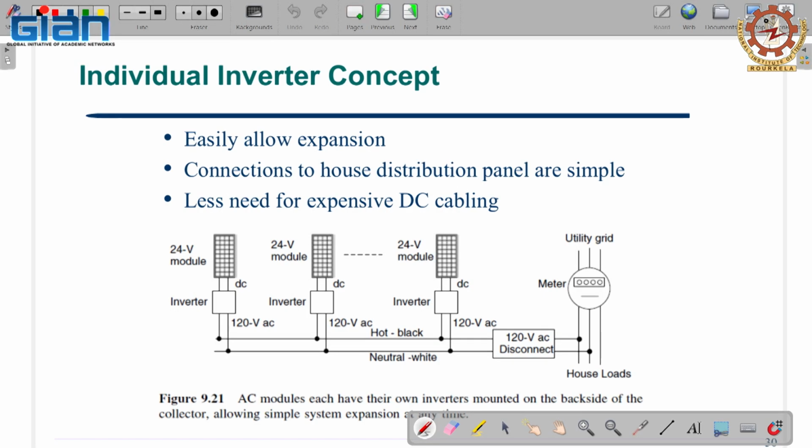If you have individual small inverters, it can allow easy expansion. The connections and distribution panels are simple, and they need a less expensive cabling system.